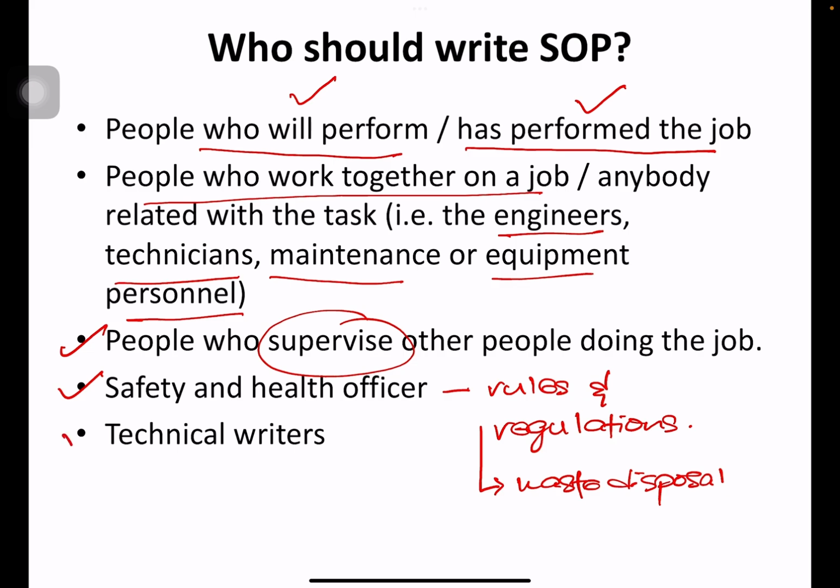Lastly, technical writers, for example, they need to write the SOP in the form of a manual, and since it is required for each product or process, people will read the manual and follow the instructions. So that is one of the examples for technical writers to write SOP.